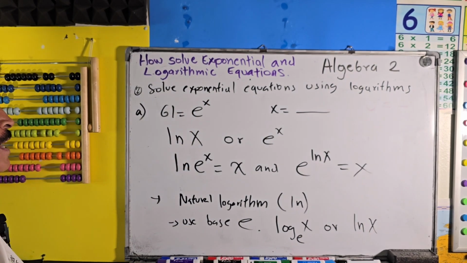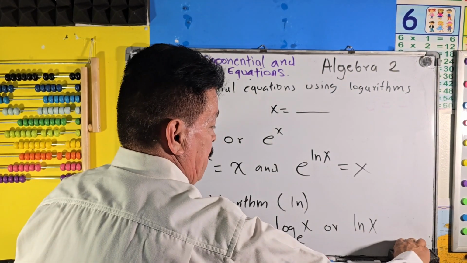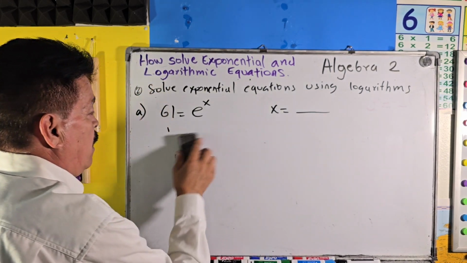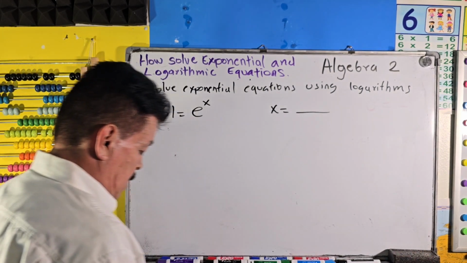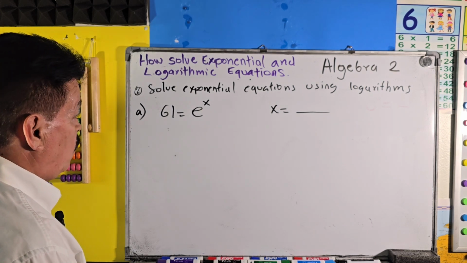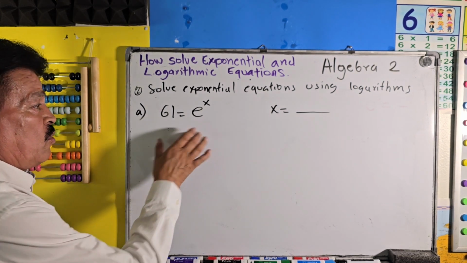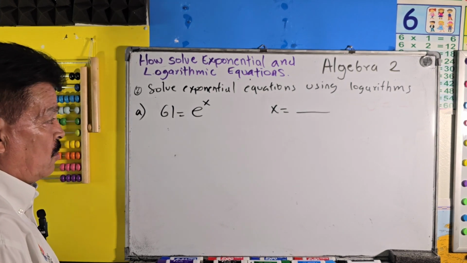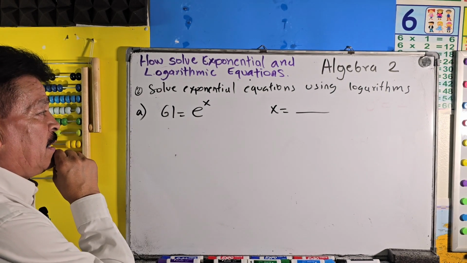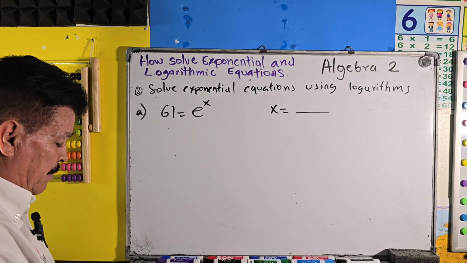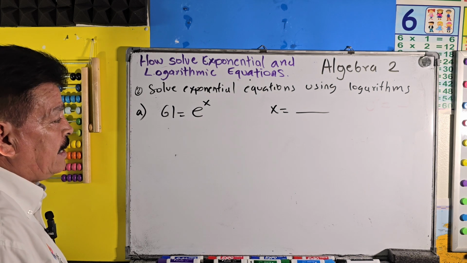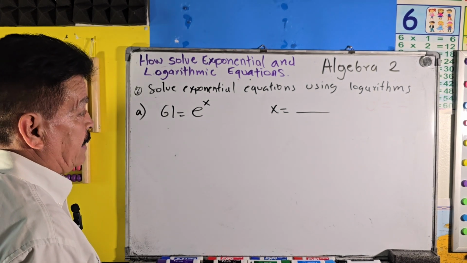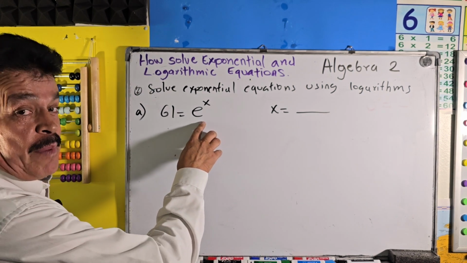That is the kind of rules we have to remember, just to review and refresh some ideas to find the solution to this problem. This problem, 61 equals e to the x, cannot be easily written in terms of the same base.